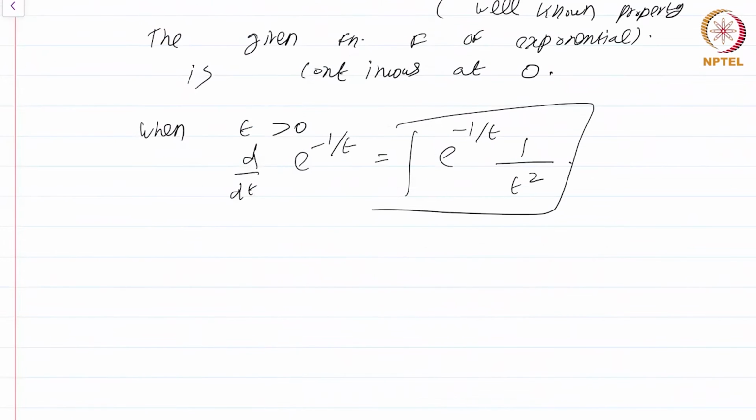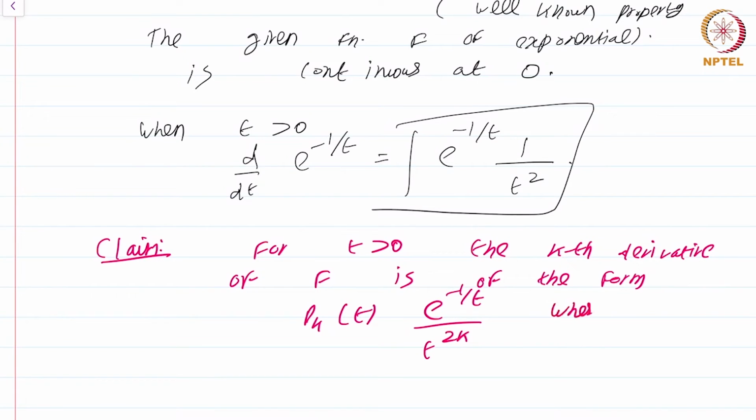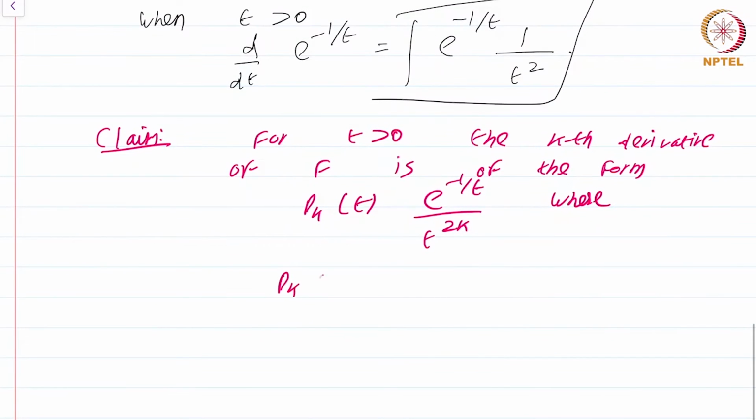We now have the following claim. For t greater than 0, the kth derivative of f is of the form pk of t times e power minus 1 by t by t power 2k, where pk of t is some polynomial.